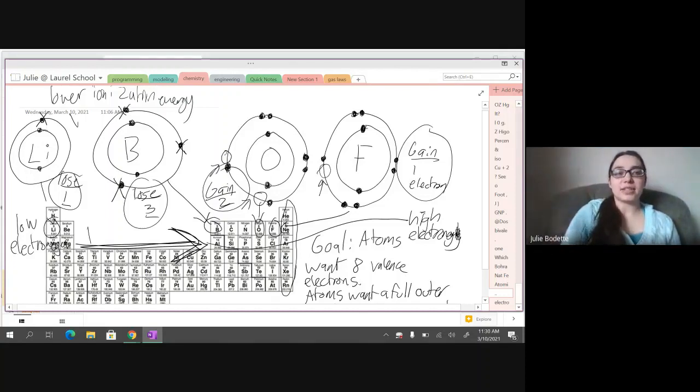You're still going to need some energy to get rid of that electron. It's still attracted to the positive nucleus, but it's not going to take quite as much because they kind of want to lose it in order to become more stable, right? And then these guys over here are going to have higher ionization energies because they don't want to lose electrons at all. They want to get even more electrons, right? So they will have a higher ionization energy.